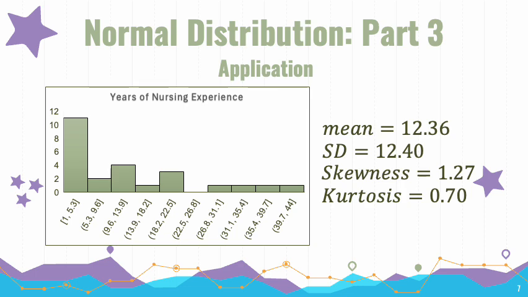Our kurtosis is 0.07, which is much less than 3, meaning that our data set is platykurtic. So we would say that we have a non-normal distribution that is skewed to the right and platykurtic.